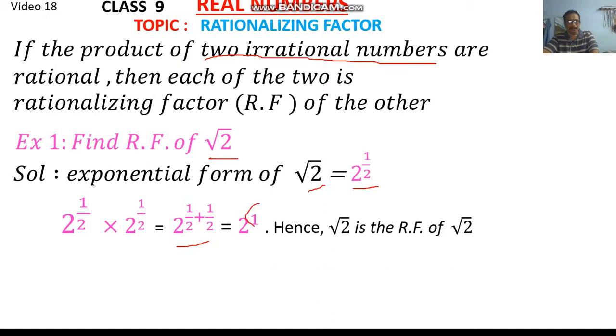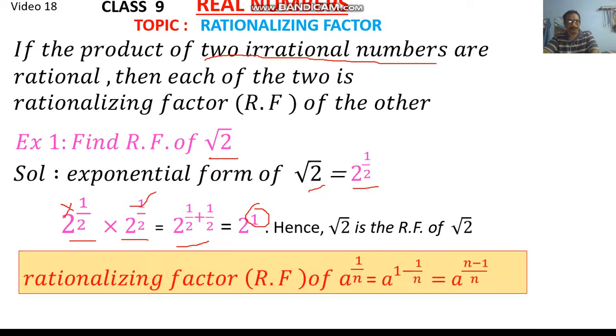So that 1 by 2 plus 1 by 2 becomes 1 when this number is multiplied with 2 power 1 by 2. Hence this number is said to be the RF of the given number. Similarly, in reverse also, the required number is the RF of that, and that is also the RF of the given number. So root 2 is the RF of square root 2.